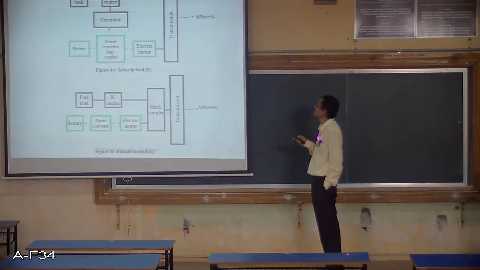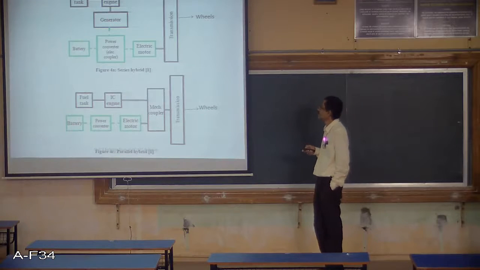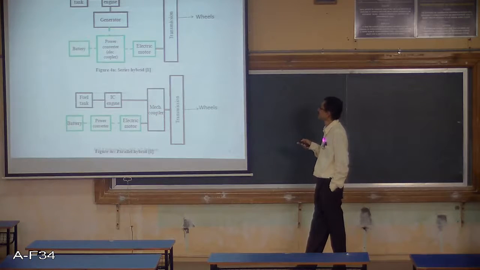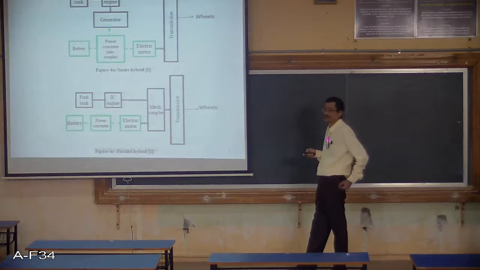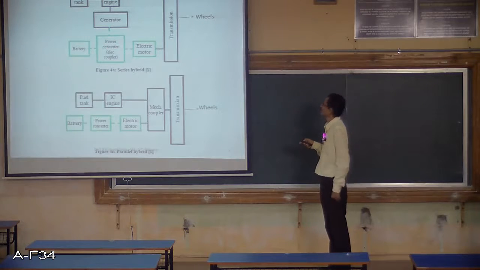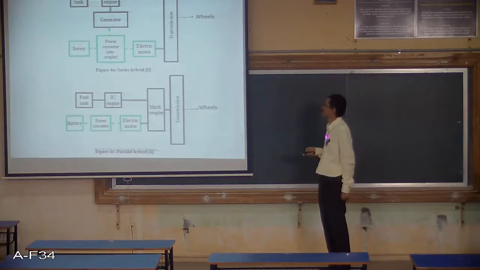This generator will develop alternating or DC power output that will charge the battery through the power converter, or any other such device which can convert one power form into another. Now when the battery is discharging into the electric motor, the motor will run as per the requirement of the driver or operator, and the power converter will control the input power to the electric motor such that it runs at various speeds depending upon the requirement.